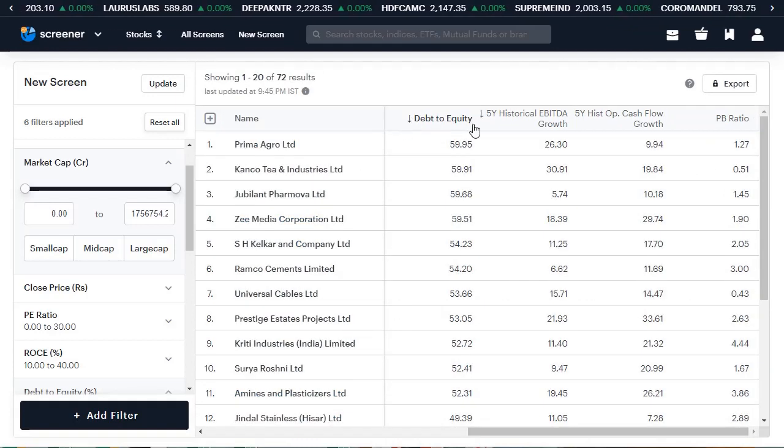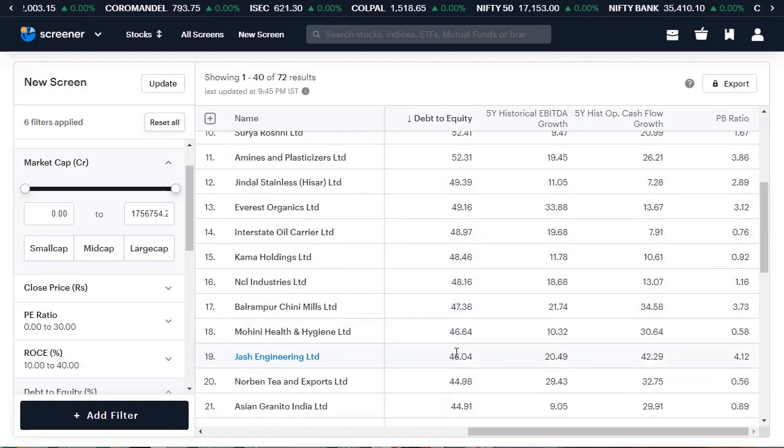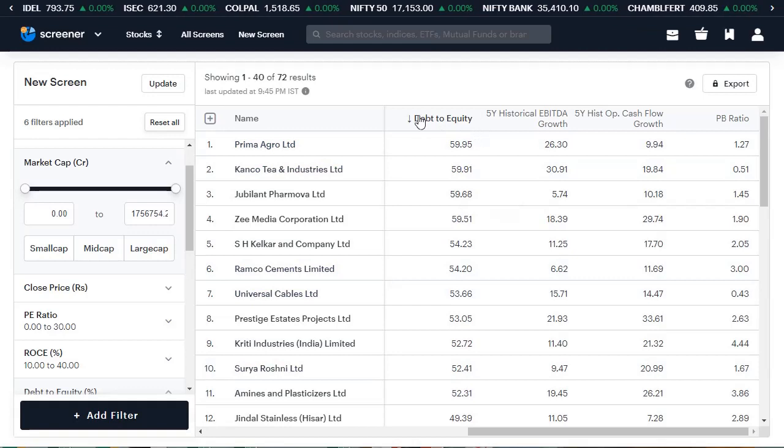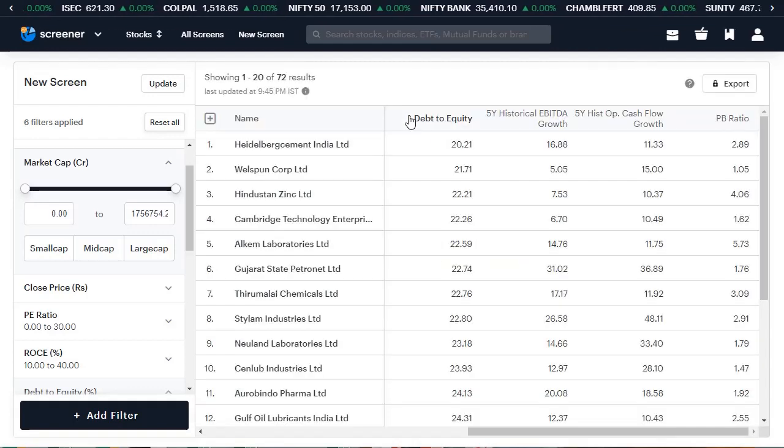If we sort the debt to equity ratio from descending to ascending, we see the first company that comes at the top with the maximum debt to equity ratio is Prima Agro Limited. Now one can see this debt to equity ratio is among the highest of all the companies that we have sorted out. So our prime objective is to have a debt to equity ratio as the lowest of all the companies.